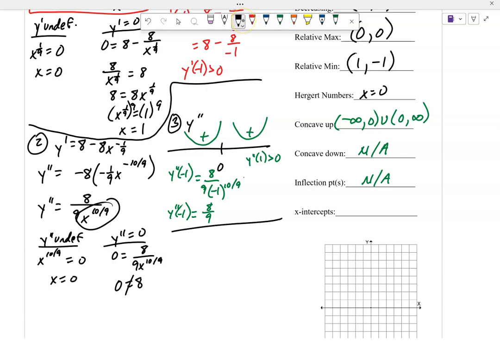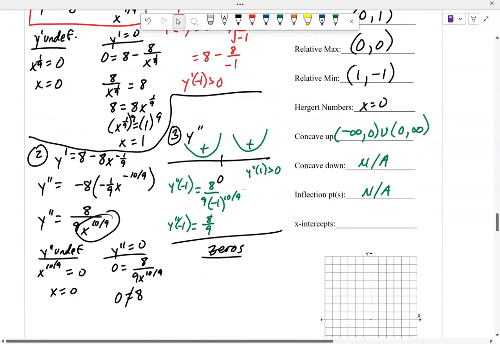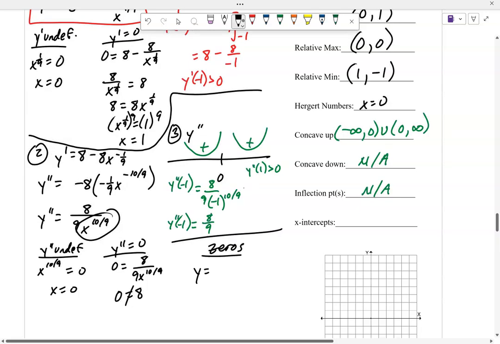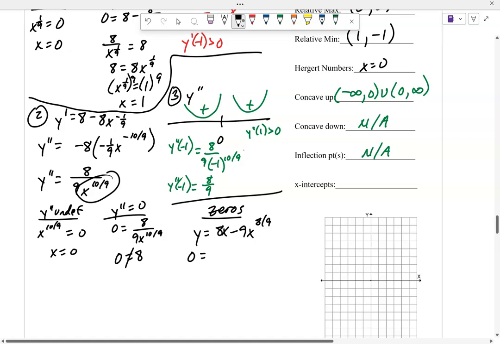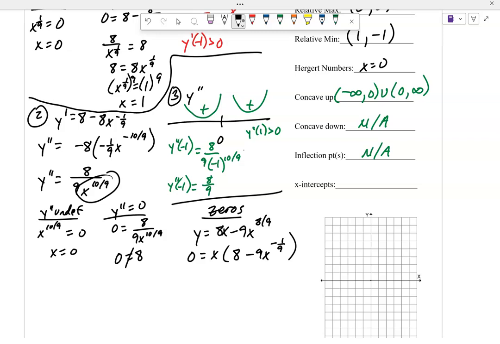Any zeros? Let's do our zeros now. Remember, our original function was 8x minus 9x to the 8/9. So, where y equals 0, let's take an x out. I'd have 8 minus 9x to the negative 1/9. So I have x equaling 0 and 8 minus 9x to the negative 1/9 equaling 0.